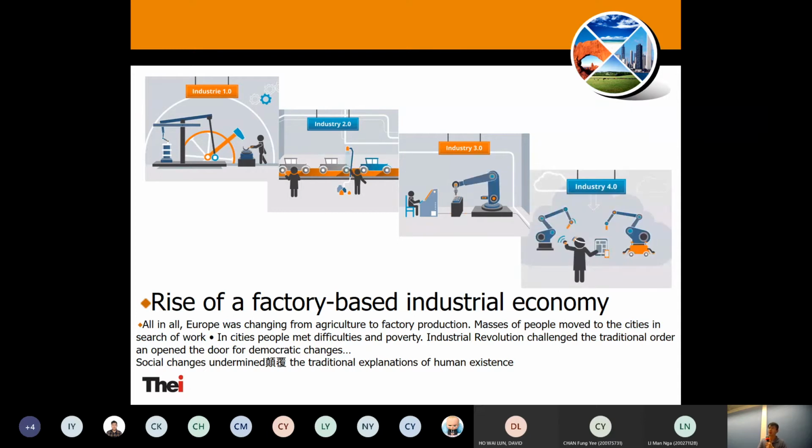But the point is that we now have to move on to the so-called Industrial Revolution 4.0. So you can imagine that when we talk about sociology, we talk about the connection between human beings and the wider context. So in the near future, we cannot just be satisfied with a master's degree. We may have to prepare.